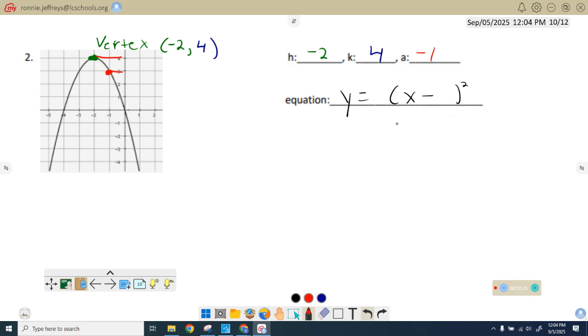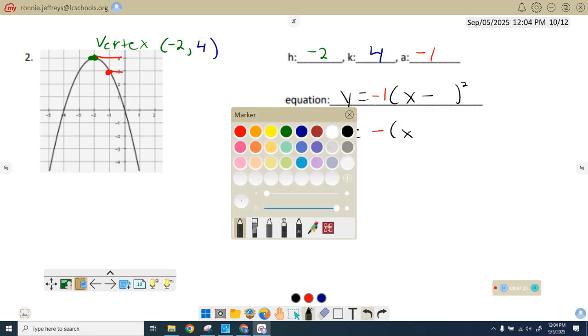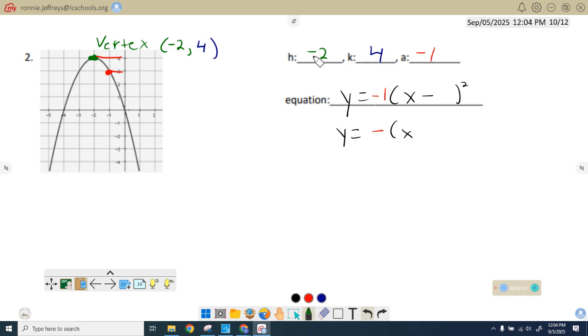Now, you could write minus 1, or you could just do a negative. Now, we're about to put a negative 2 in here. So remember, it's the opposite, so this would actually be plus 2. And K stays the same and the cheese stands alone.